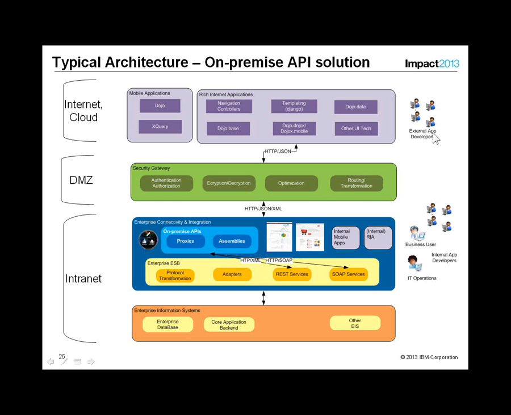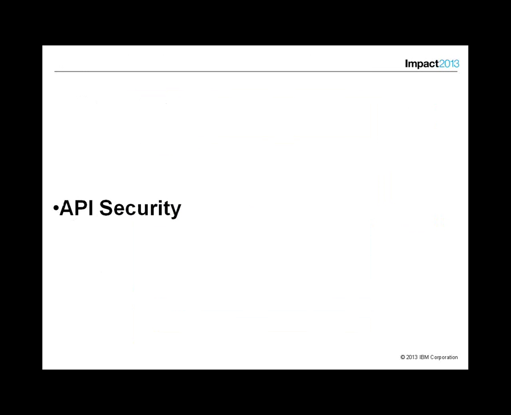External developers, internal developers still go via the client applications and basically come to reach the APIs, right? So another way in which you can see this, there's players in the market that have both these options, the SaaS-based offering as well as the on-premise offering.